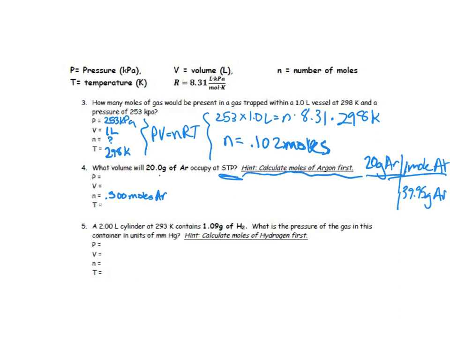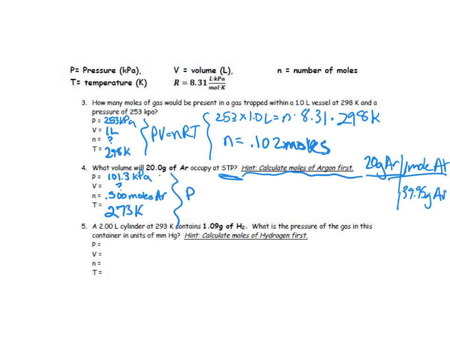So the standard temperature is 273 Kelvin, and the standard pressure, for the units of kPa, is 101.3 kPa. Okay, and we are looking for the volume, so volume is going to be our unknown. You can look up STP if you ever forget that again. Just make sure you're using the right pressure.